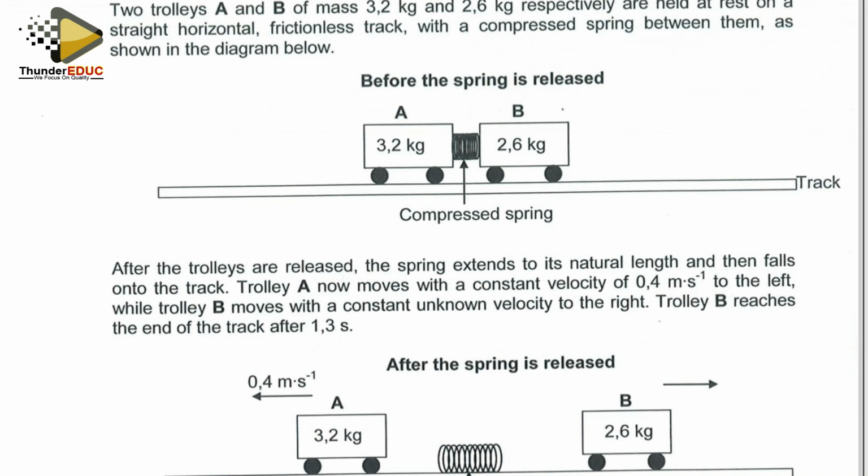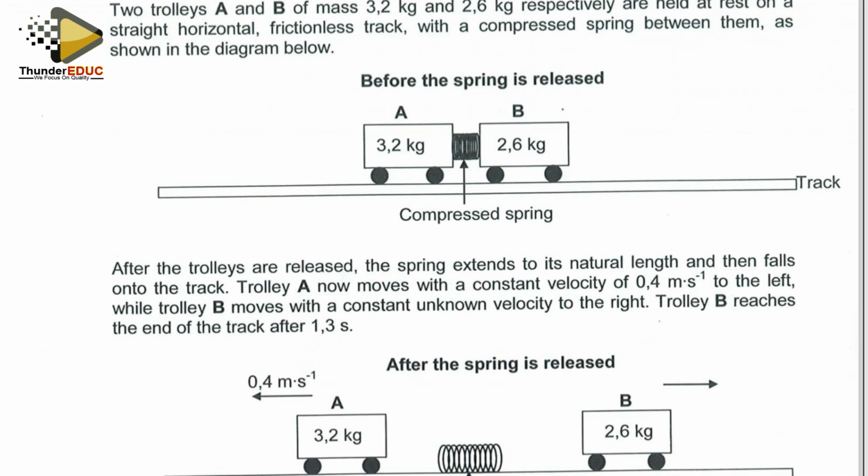We are told that trolleys A and B of masses 3,2 and 2,6 respectively are held at rest on a horizontal frictionless surface. In other words, there is no friction there. With a compressed spring between them, after the trolleys are released, the spring extends to its natural length, then falls away from the trolleys.